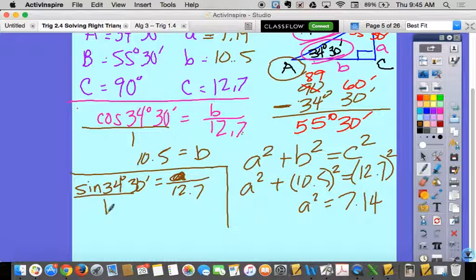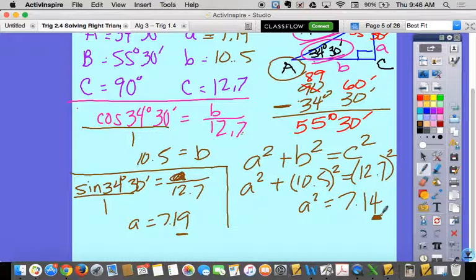That's what I got. What would explain that? We didn't do anything wrong here. So what's our explanation for the variation? It's not like we're off by some crazy amount. 10.5 is rounded.